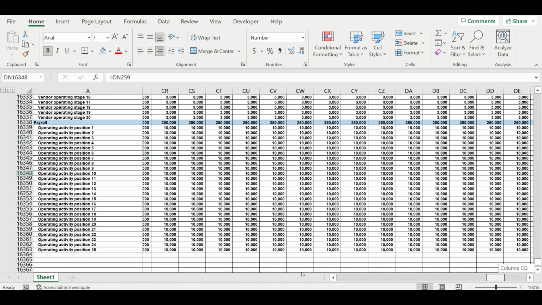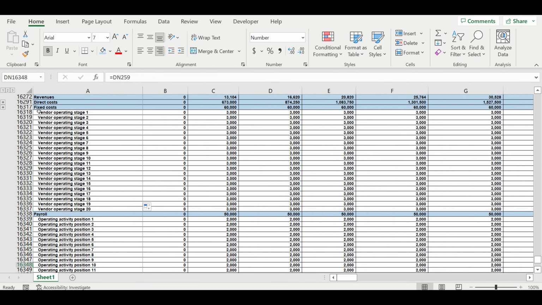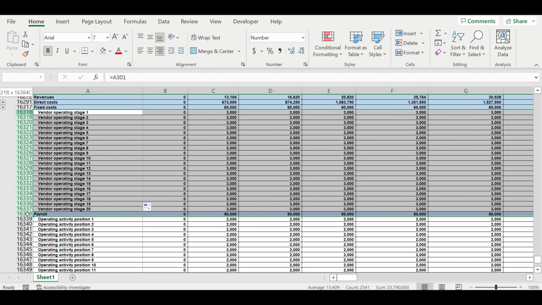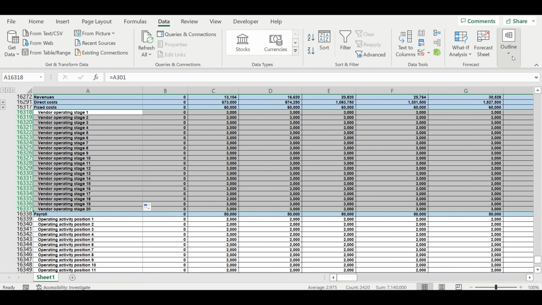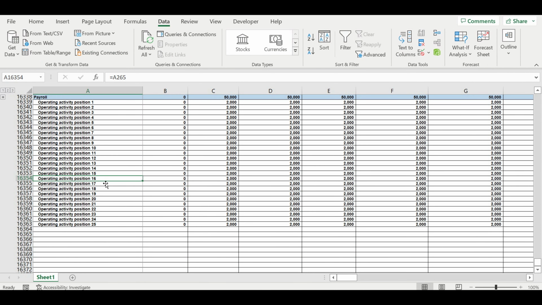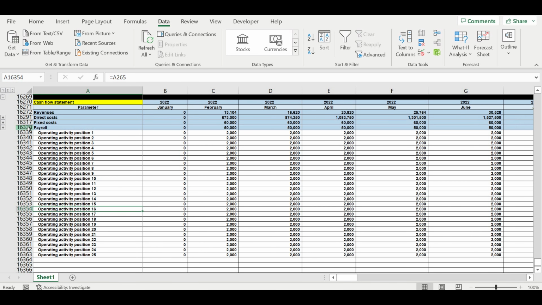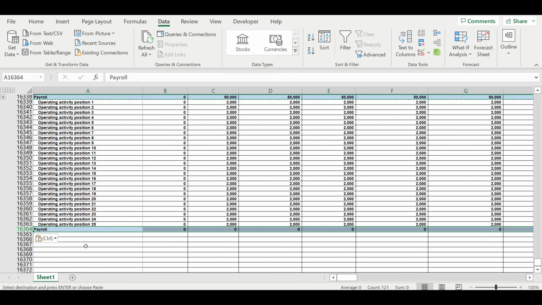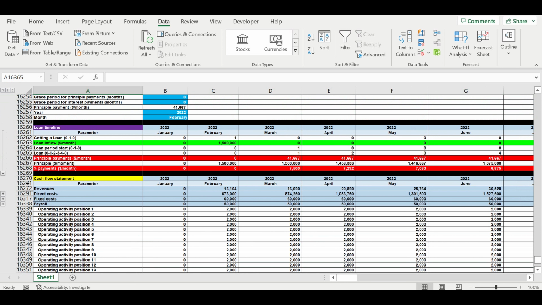So then we are planning to group fixed costs, data, then group. So then we are moving to taxes. For taxes we will be creating some additional table here.